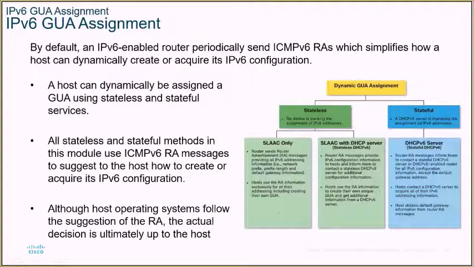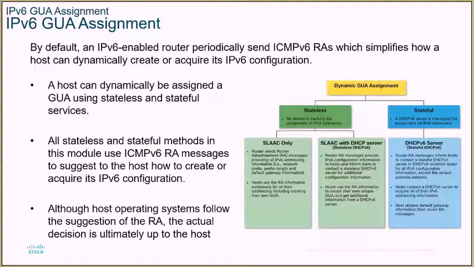By default, an IPv6 enabled router periodically sends router advertisements, which simplifies how a host can dynamically create or acquire its IPv6 configuration. A host can dynamically be assigned a GUA using stateless and stateful services.